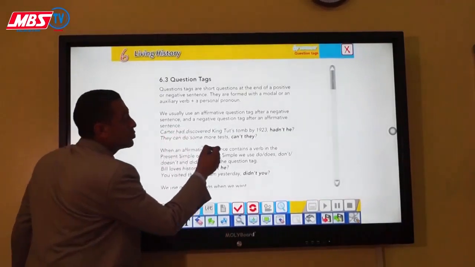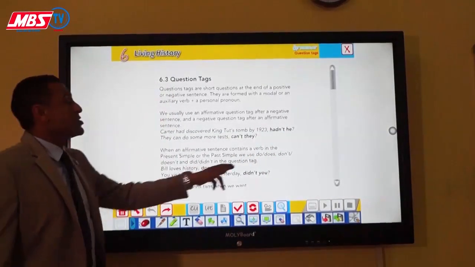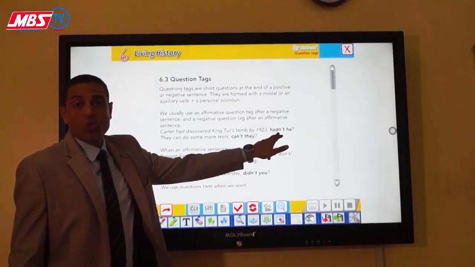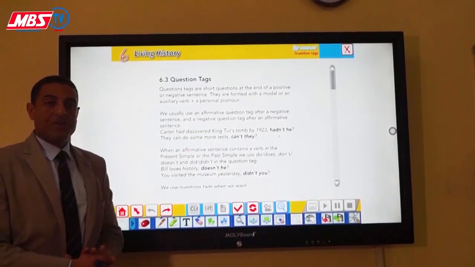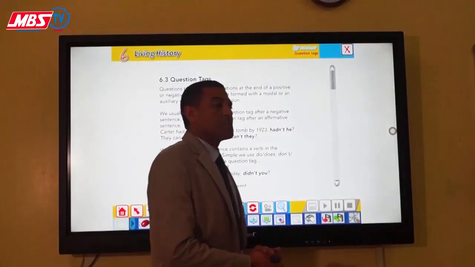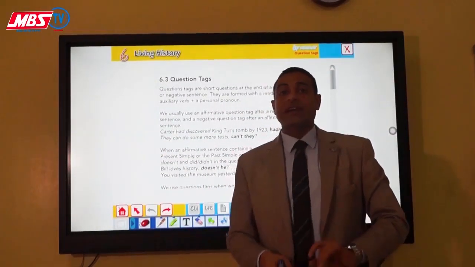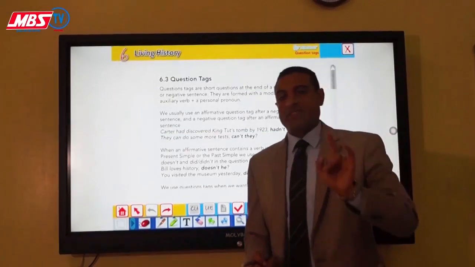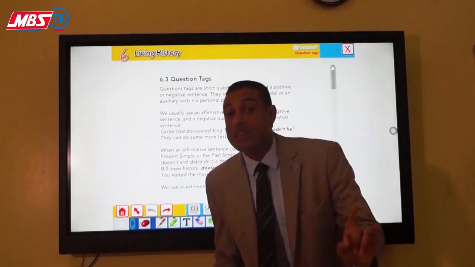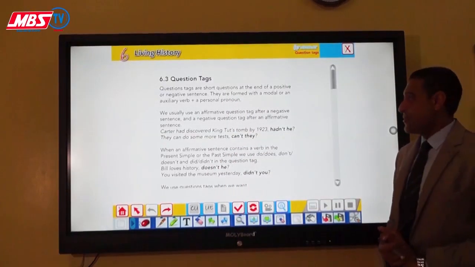So when I want to use the question tag, I have to change this auxiliary to the negative form. What does it mean? It means if the sentence is affirmative, the question tag must be negative. And if the sentence is negative, the question tag must be affirmative.